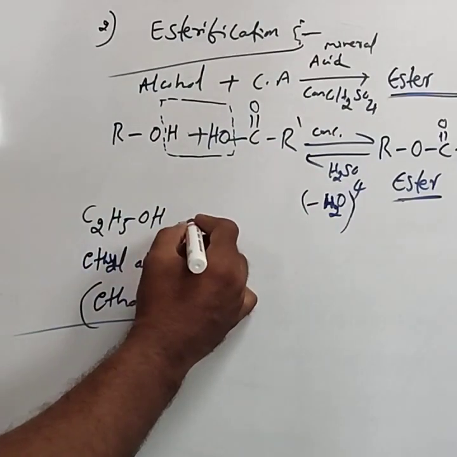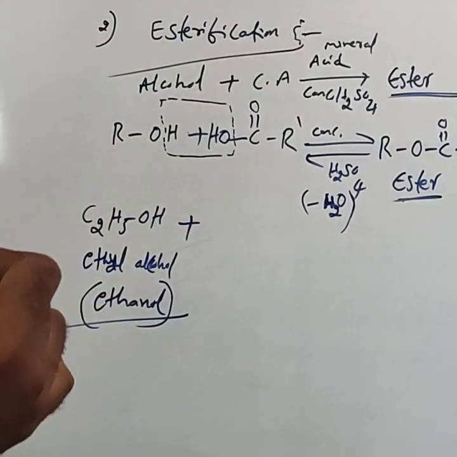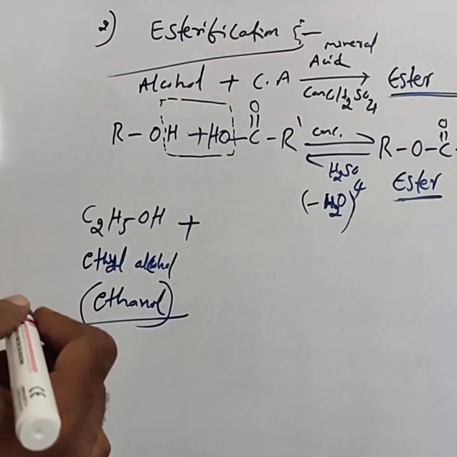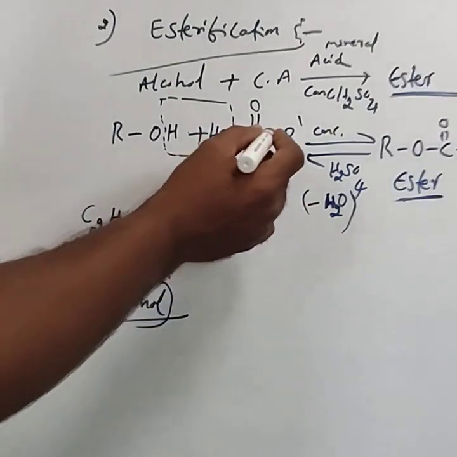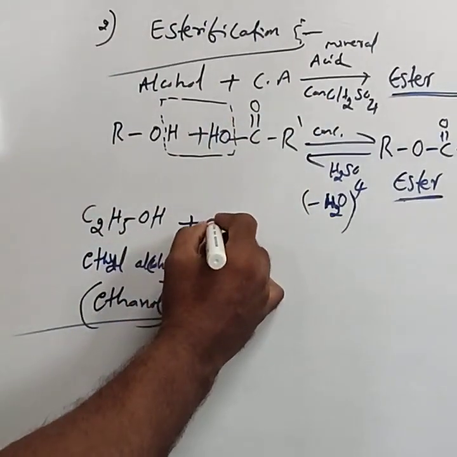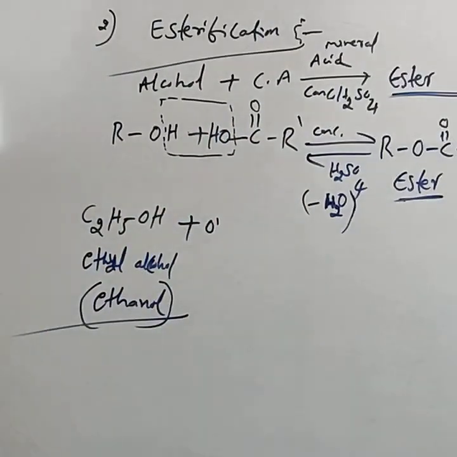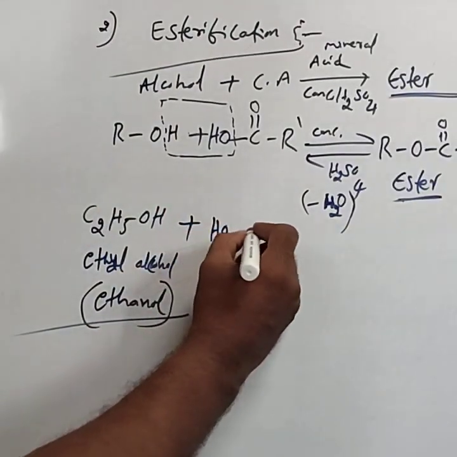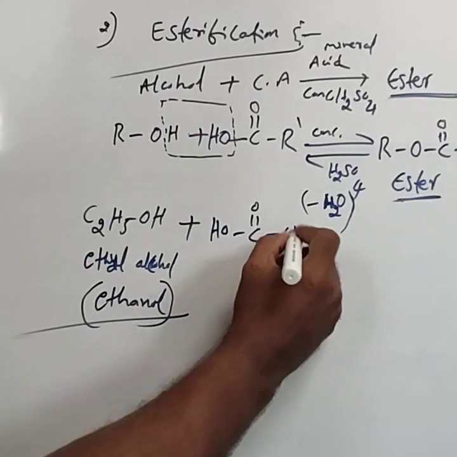When this ethyl alcohol is treated with acetic acid, to write the formula of acetic acid, again this R' group is taken as the CH3 methyl group: CH3COOH.